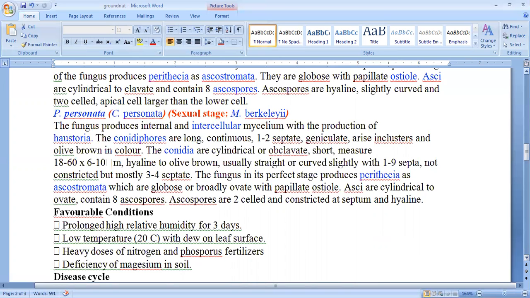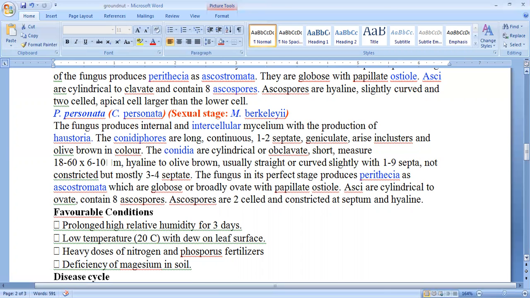The conidia are cylindrical to obclavate, short, measuring 18 to 60 into 6 to 10 micrometer, hyaline to olive brown, usually straight but curved slightly with 1 to 9 septa. They are not constricted, but 3 to 4 septa are there.